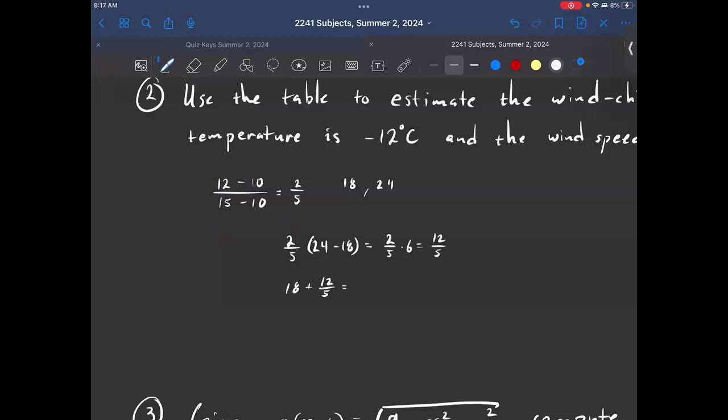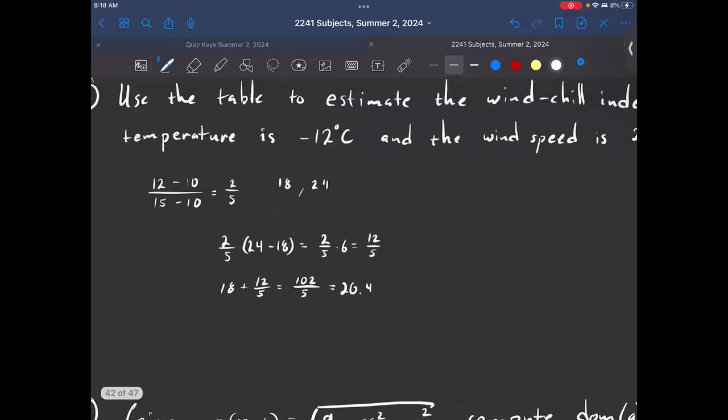We have 90 plus 12 is 102/5. Or maybe it would be easier to write this as a mixed fraction. That's 20.4, I believe. Okay, so that's our lower estimate.